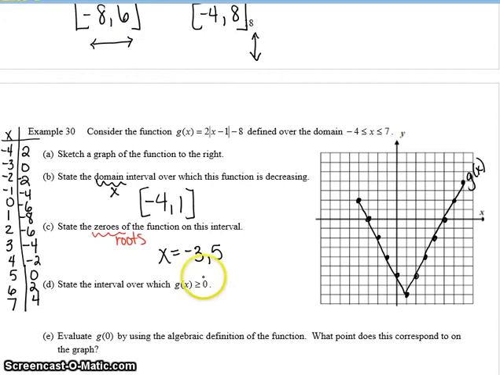State the interval for which it is greater than or equal to 0, which means when is it positive? Okay, so this is positive, right? Positive means above the x-axis. So there's where it's above the x-axis in yellow. Okay, so I have to name when it's above the x-axis. So how do I read that? Well, that's from -4 to -3. So you're kind of reading it over here like this.